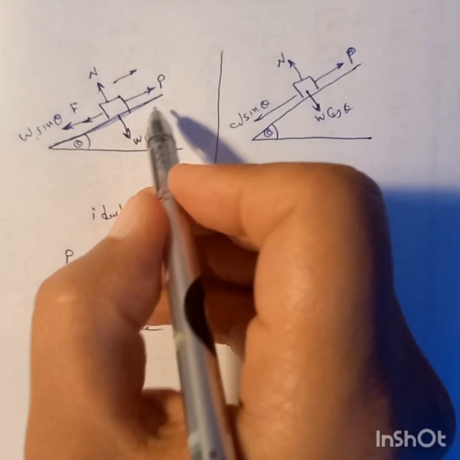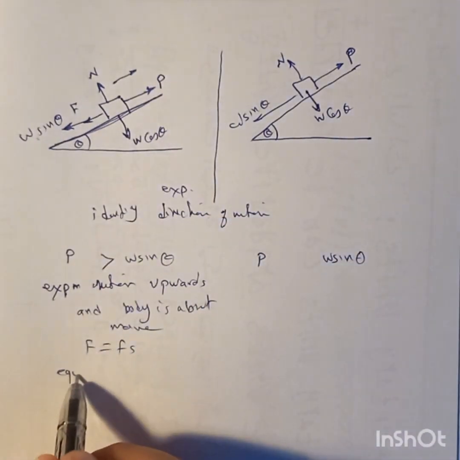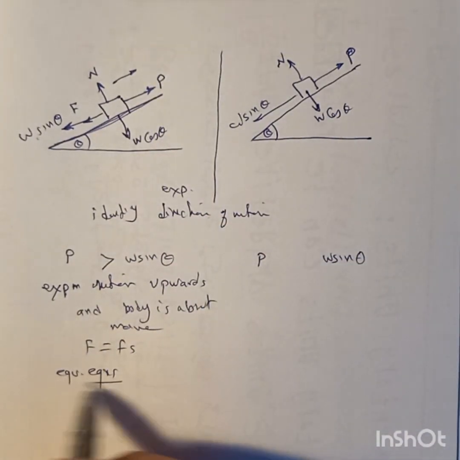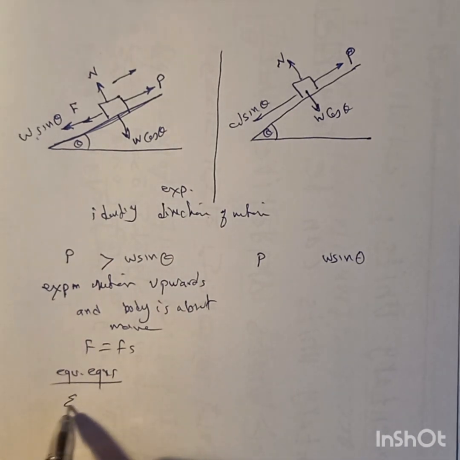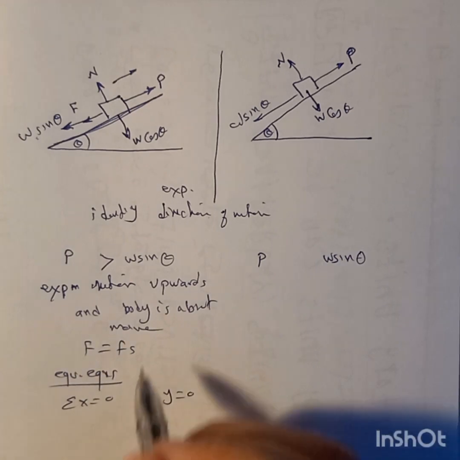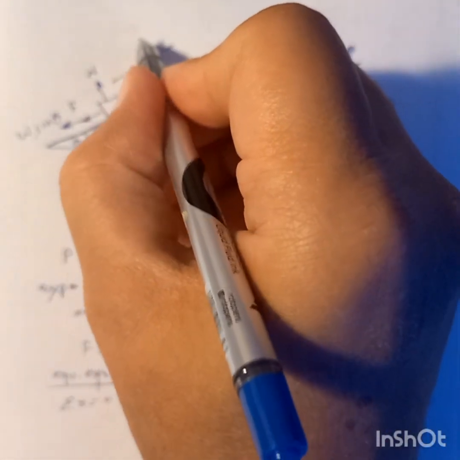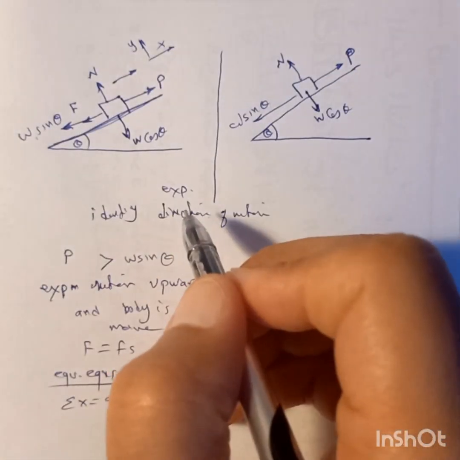If we apply the equilibrium equations, we have two equations: summation of x equals 0 and summation of y equals 0. Here we assume that x is parallel to this inclined plane and y is perpendicular to it.